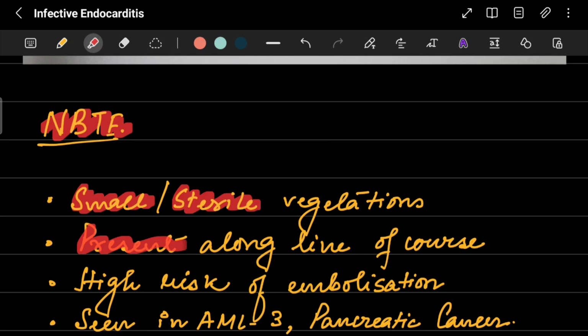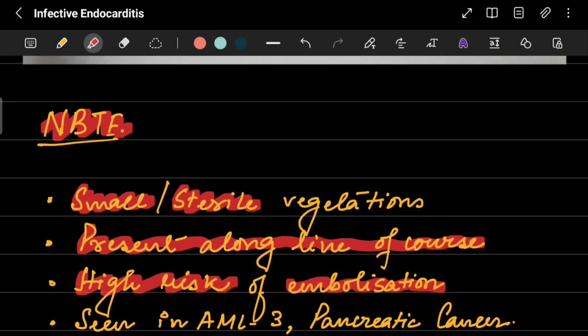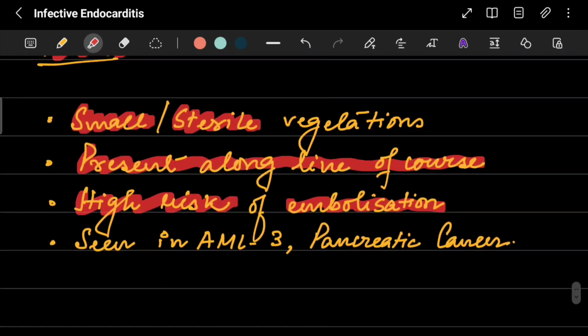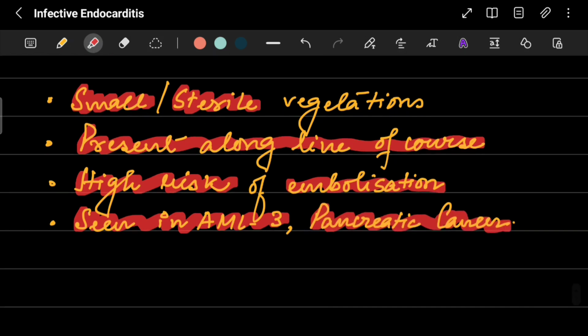These are present along the line of closure of the valves. These are associated with a high risk of embolization, and are mostly seen associated with some genetic abnormalities, or in cases of pancreatic cancer as well.